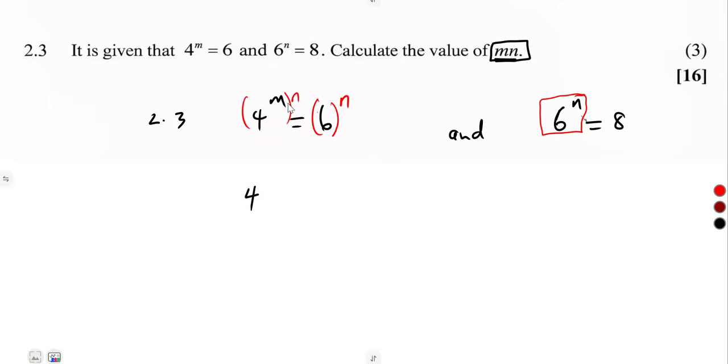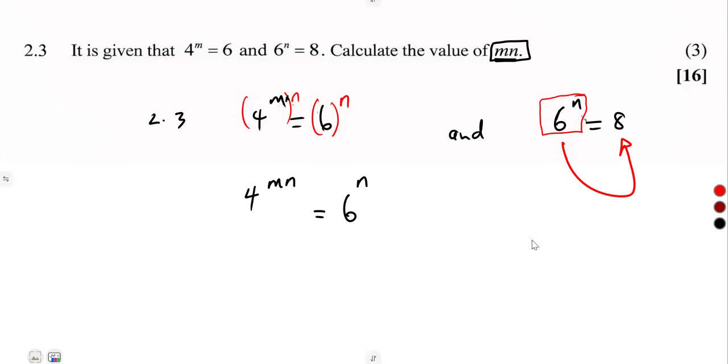4 to the exponent m, raised to the exponent n, so multiply m times n, that's mn, is equal to 6 to the exponent of what? Of n. This is what we wanted. Why is it that we wanted 6 to the exponent of n? Because it has an equivalent value which is numerically given as 8.